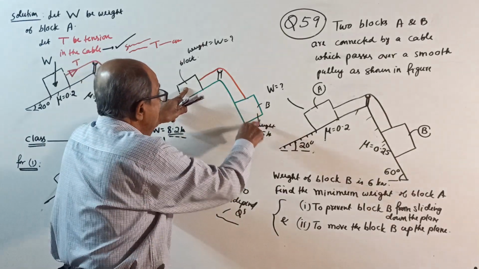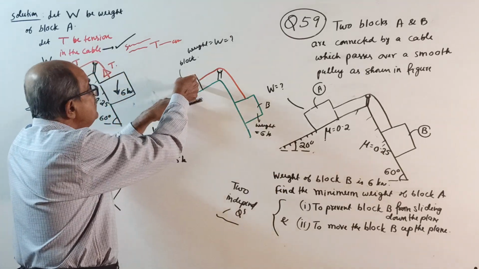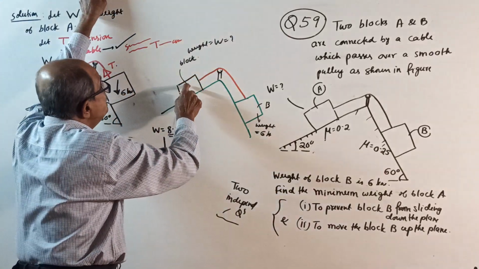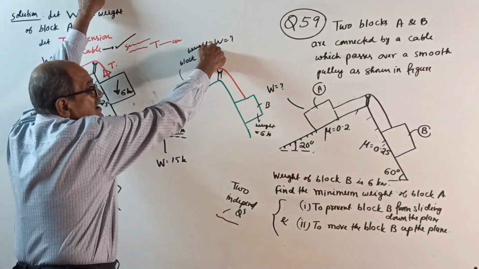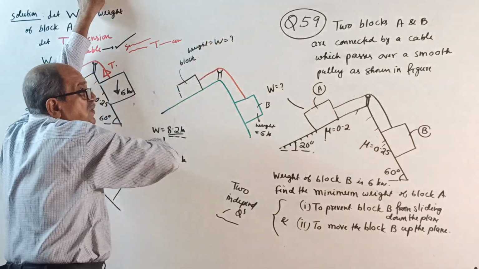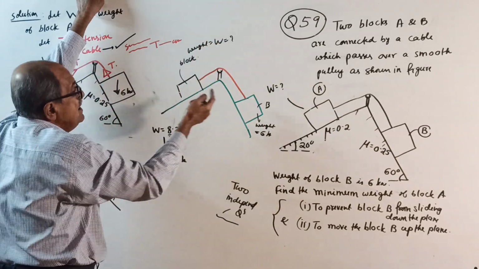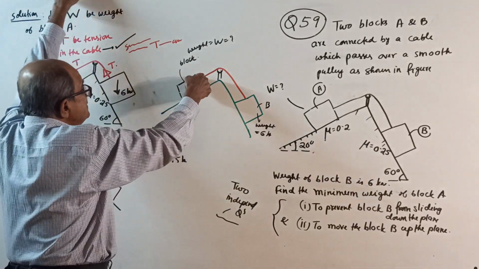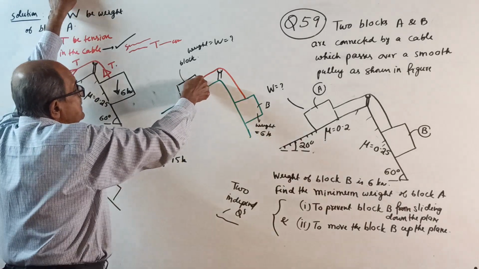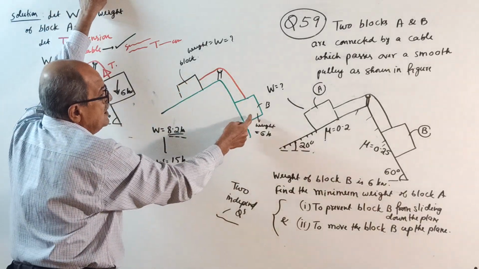It is on the verge of sliding down. Now, if this weight is more, then this vehicle or whatever it is will have a tendency to go this way. Finally, it will overcome the friction, and at 15 kilonewton, this will start sliding this way. When it starts sliding this way, this will move upwards.